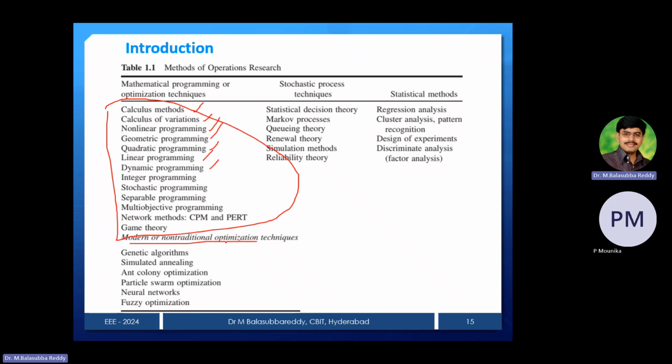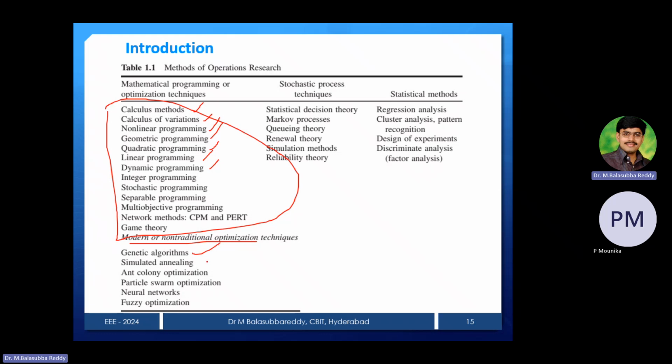Whereas if we see modern techniques, in this course we are going to observe the modern techniques only, in the rest of the units. And this is all about the introduction. We will see the basic things. Now we can observe these modern techniques: genetic algorithm, this is our second unit.